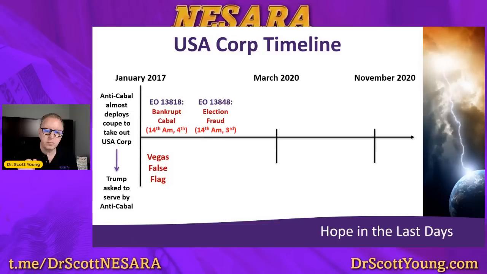Now, the election fraud intimates something even more interesting. The election fraud talks about crimes against humanity, and it talks about stealing the elections. Now, in the past, we couldn't even say that particular thing on channels. But now we're allowed to say that because it's so rampant everywhere we go.